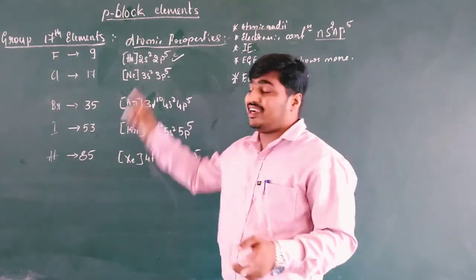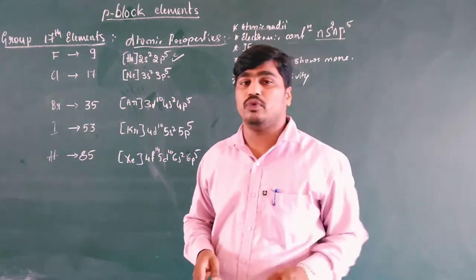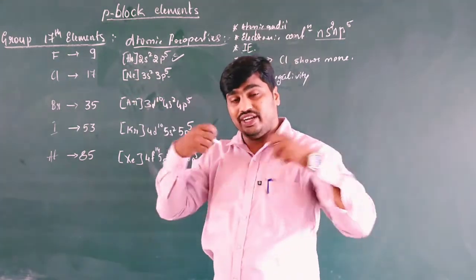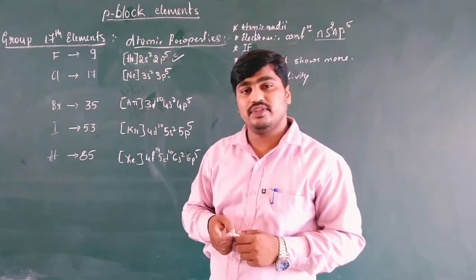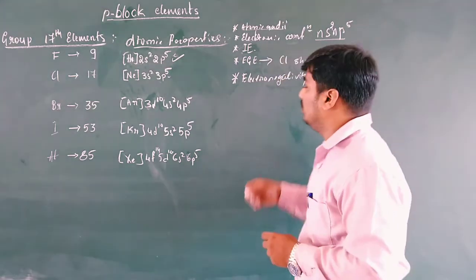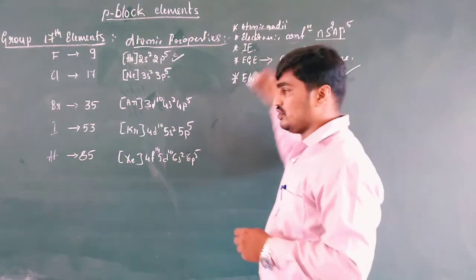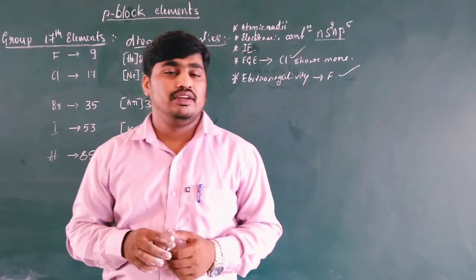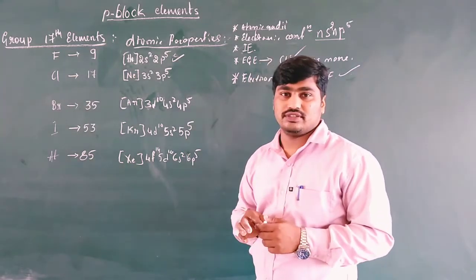Here it is the attraction of the shared pair of electrons during bonding. During bonding, fluorine has more tendency to attract the shared pair of electrons. Because of that, fluorine shows more electronegativity. So this is about the atomic properties of group 17 elements, or halogens.